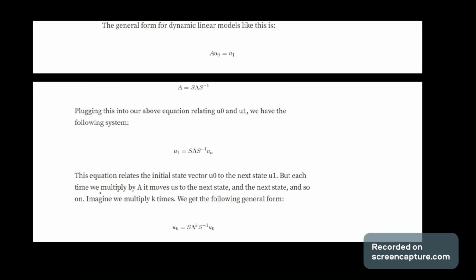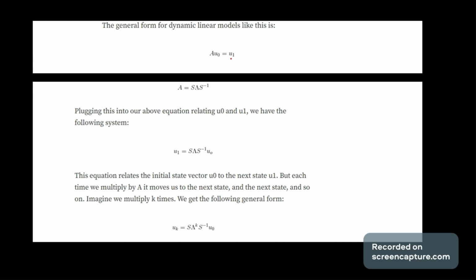Now, for the system that we were looking at, you have A times u0 equal to u1. So you see you have something over here which is being multiplied with another something, the 0th term, giving the next term, which is the u1 term. Now, the general form of the dynamic sequence modeled here has A as the transformation matrix, u0 as the initial state, and u as the final state.